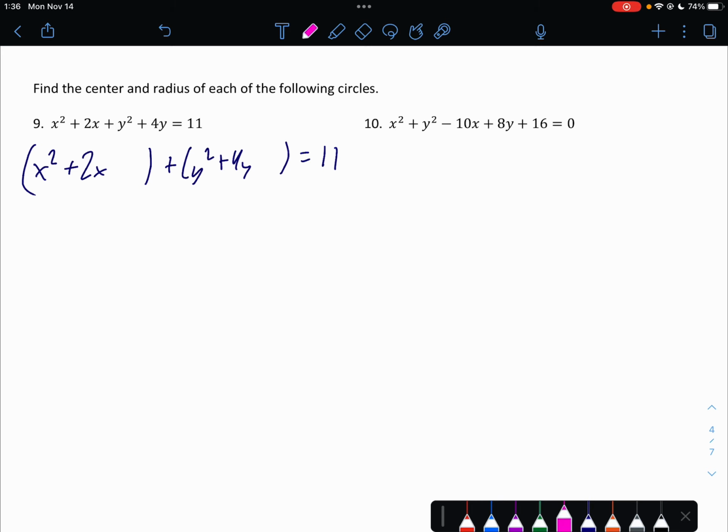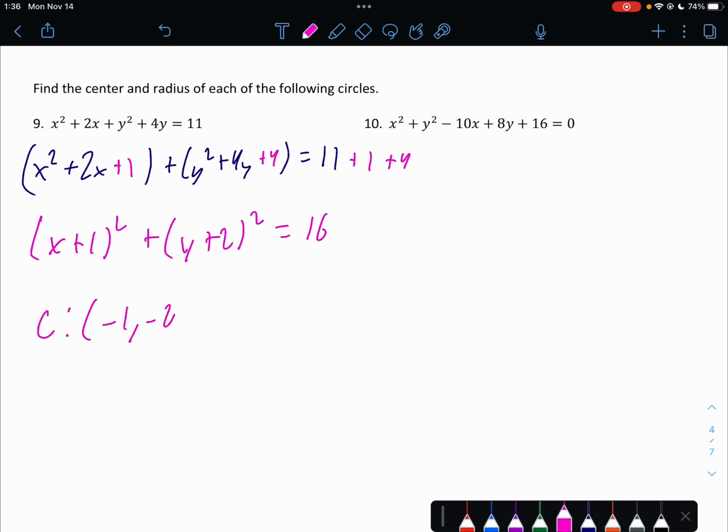So half of 2 squared is 1. Half of 4 squared is 4. Make sure you add to both sides to balance it out. All right, now factor: x plus 1 squared, y plus 2 squared equals 16. So my center is negative 1, negative 2, and my radius is 4.